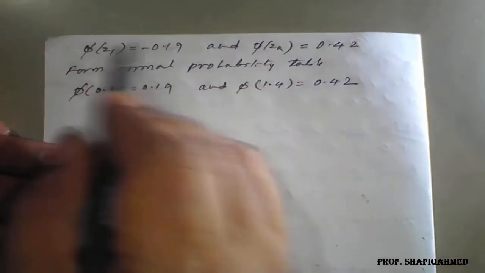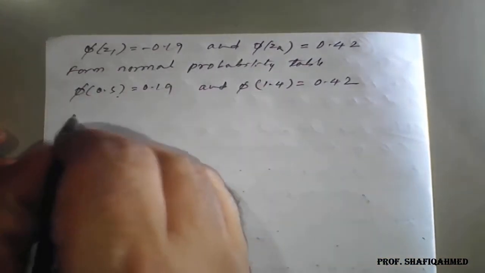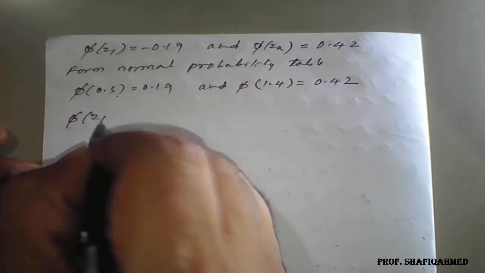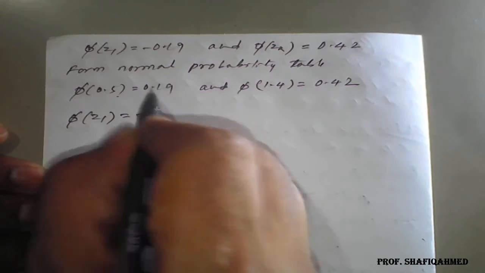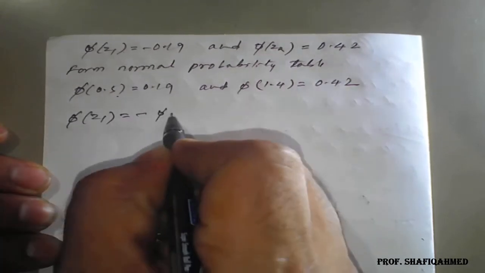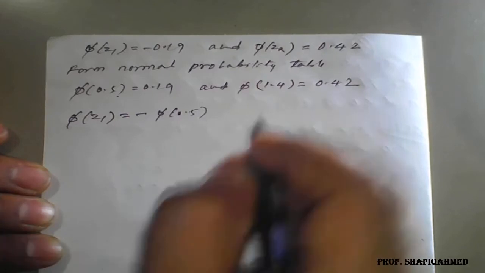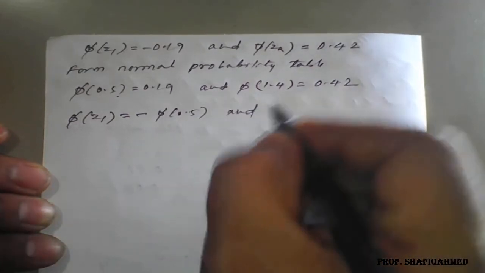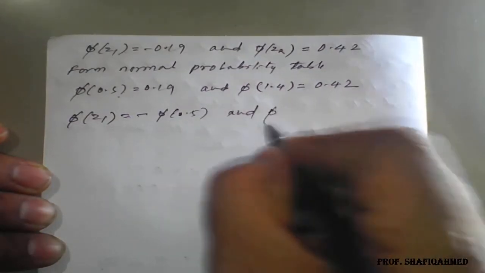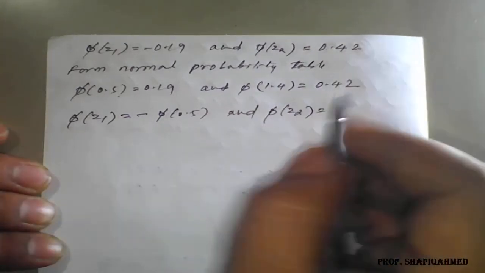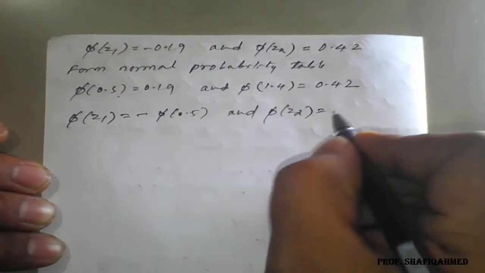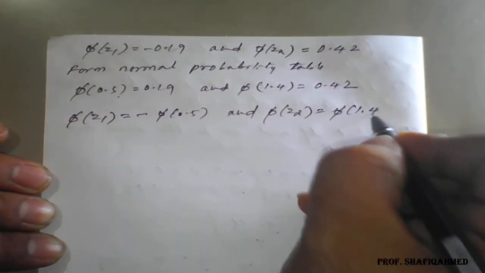So these two equations become phi of Z1 is equal to minus 0.19, replaced by phi of 0.5, and phi of Z2 is equal to 0.42, replaced by phi of 1.4.